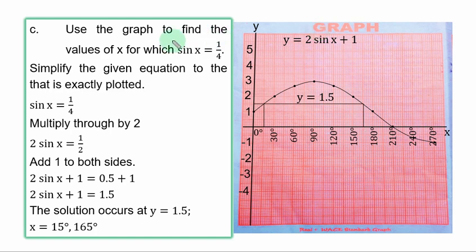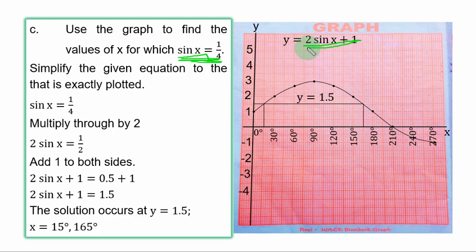Question C, use the graph to find the values of s for which sin s is equal to 1/4. You must note that before you can use the graph to solve this, the equation must be simplified to exactly this.